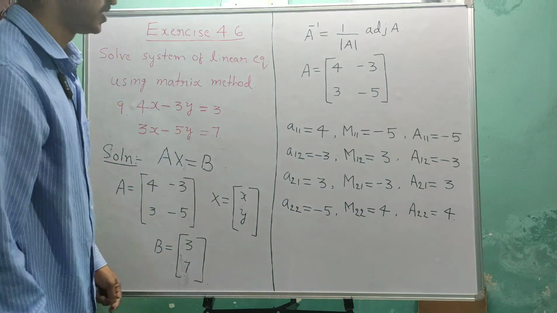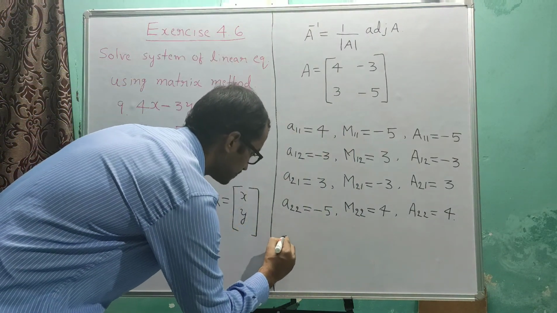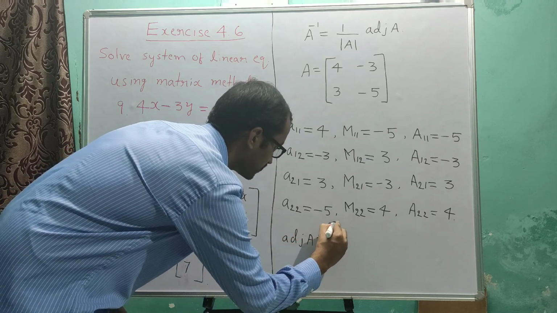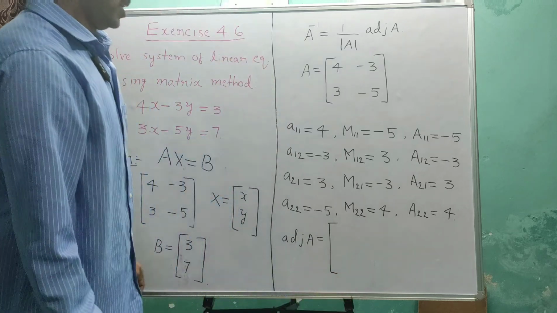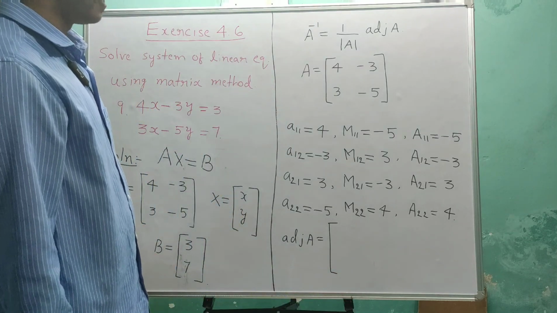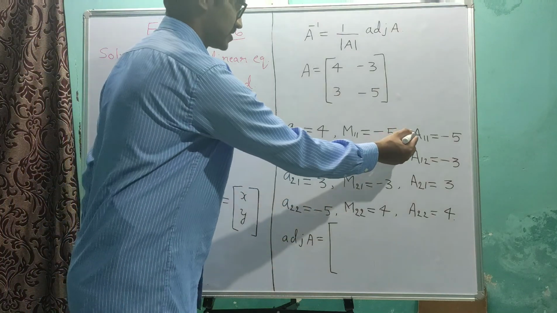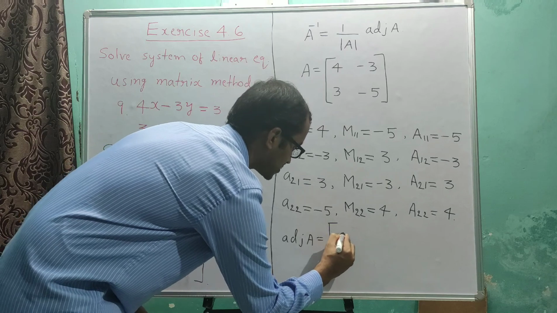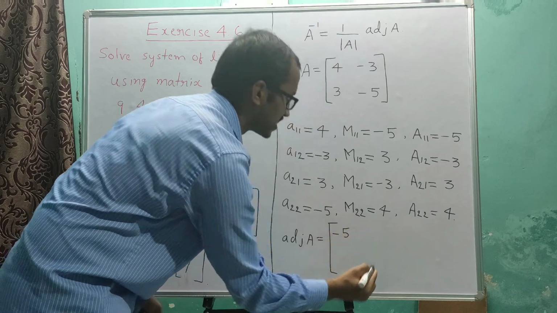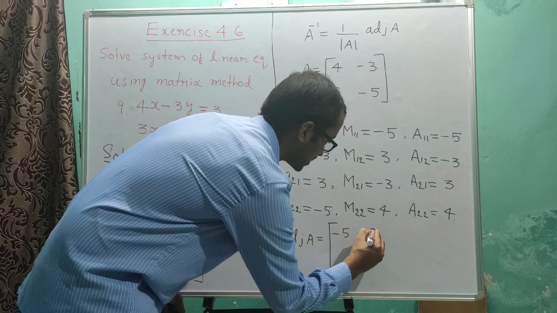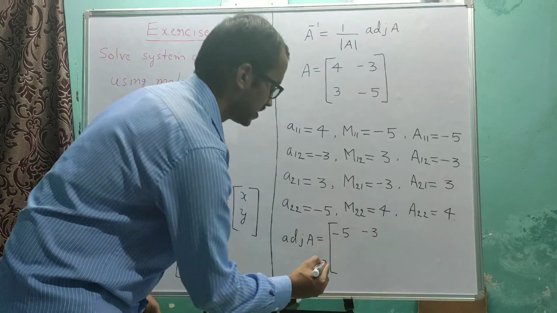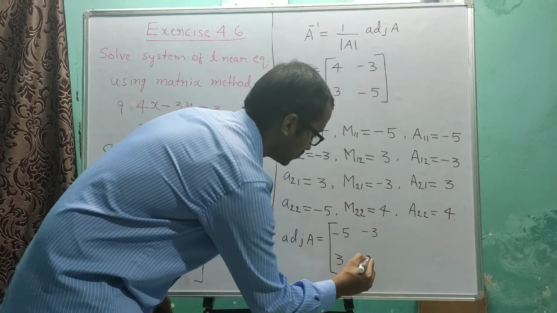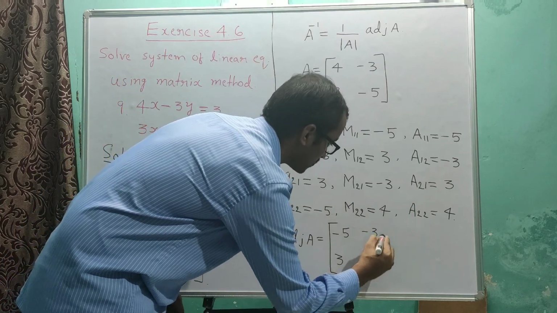Therefore the adjoint of A is equal to the transpose of the cofactor matrix. If you write the cofactors, A11 is minus 5, A12 is minus 3, A21 is 3, A22 is 4.